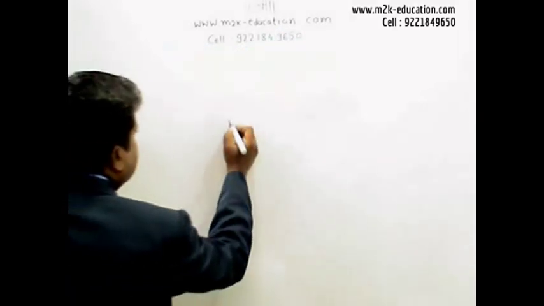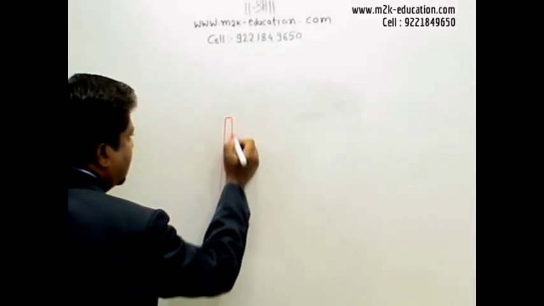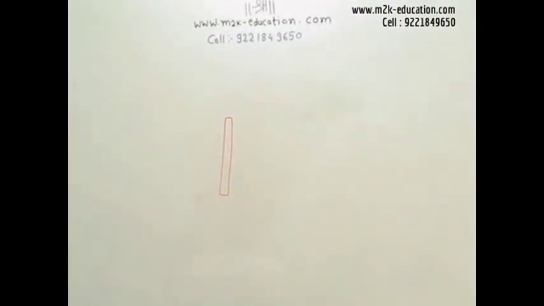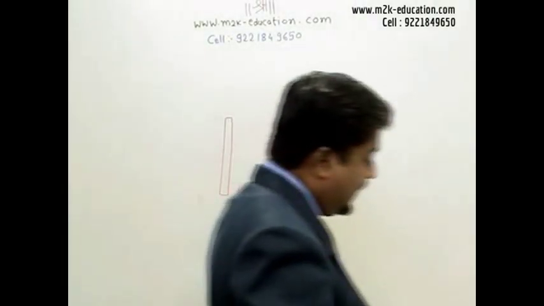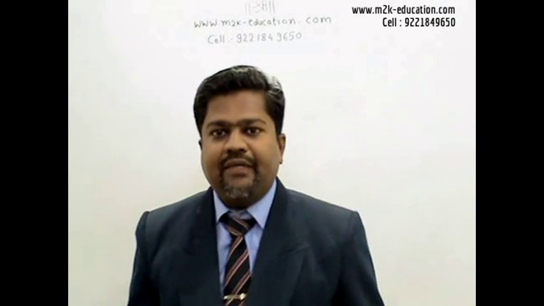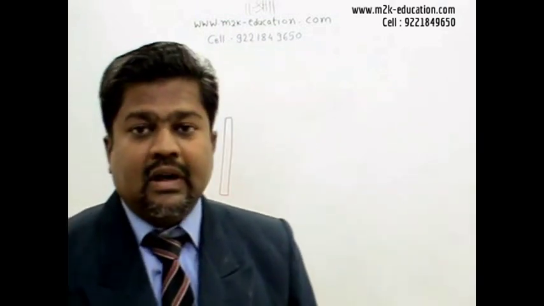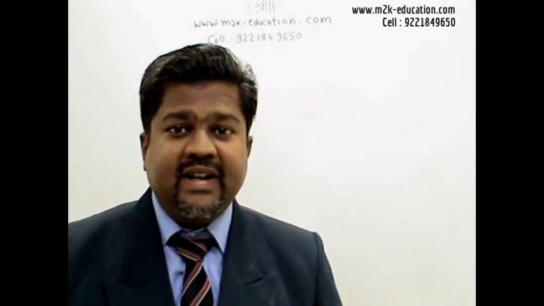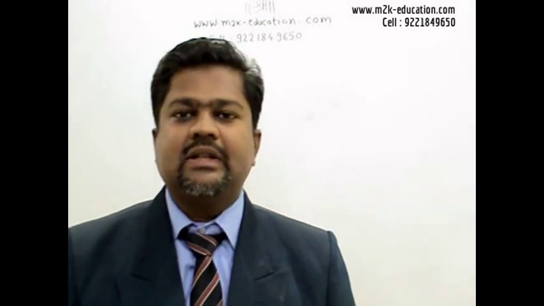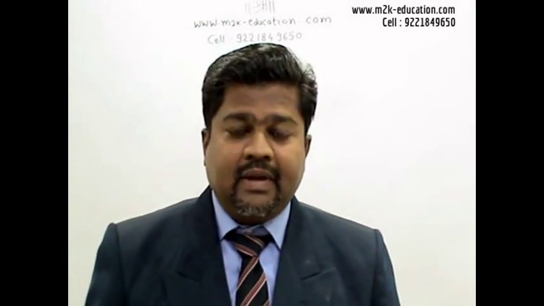Say there is a soft iron rod. When I use the word soft iron, it is pure iron. The amount of carbon is very less. Usually iron is extracted in pure form, and that is soft iron.